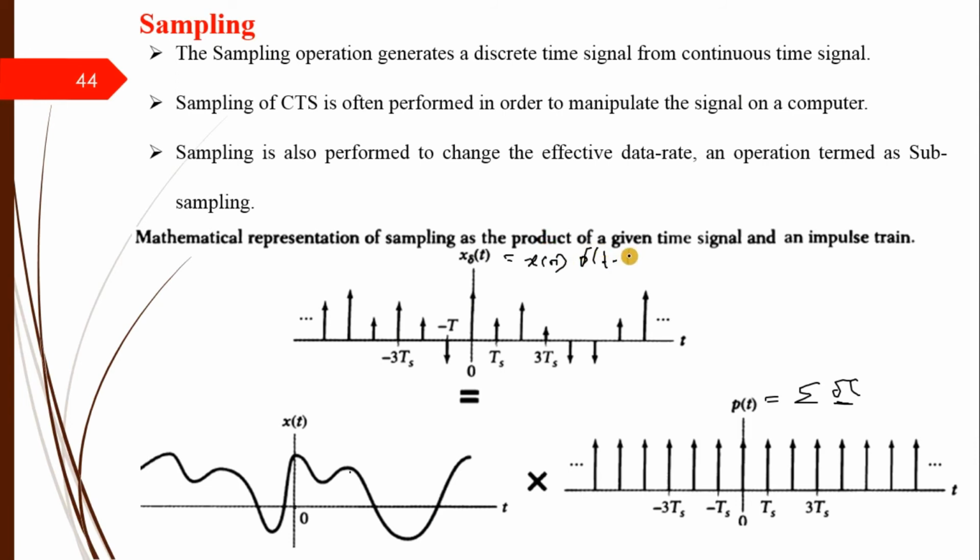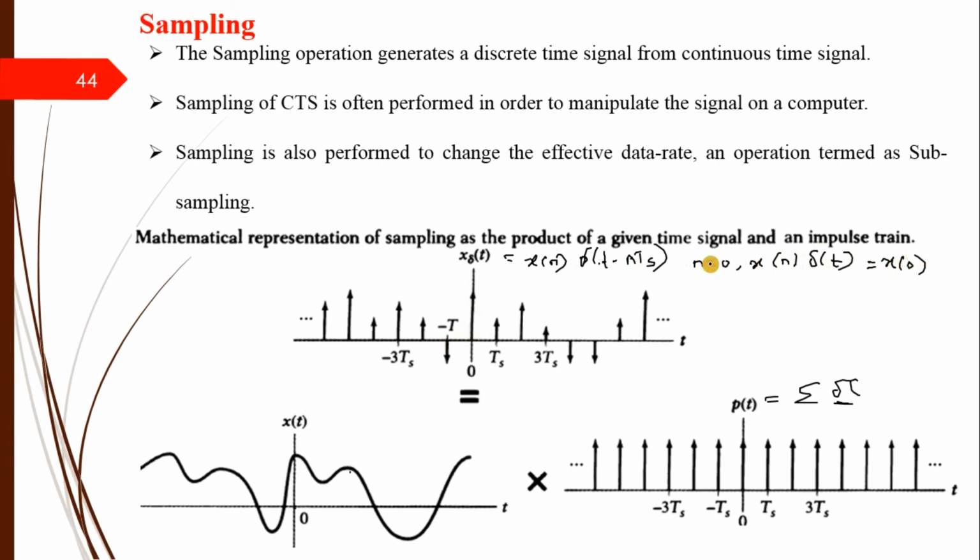Delta of t minus nTs means, initially think that n is equal to 0. Then you have only delta of t. When n is equal to 0, your answer is x of 0 times delta of t. Delta of t exists only for t equal to 0. Hence it is x of 0, the first sample.